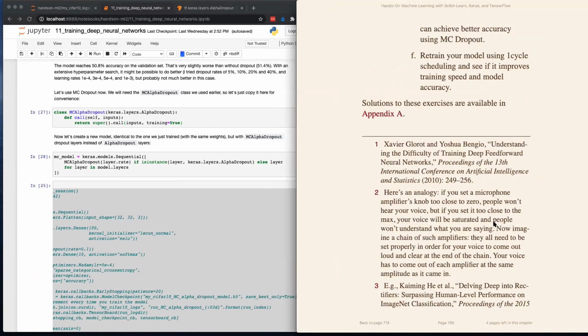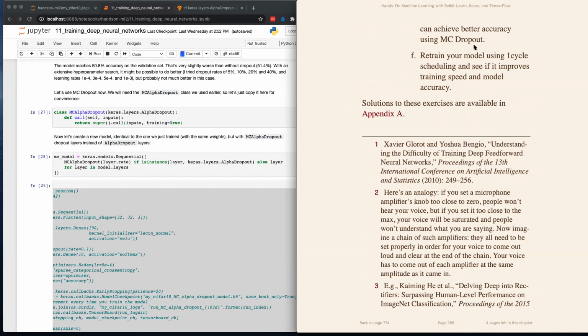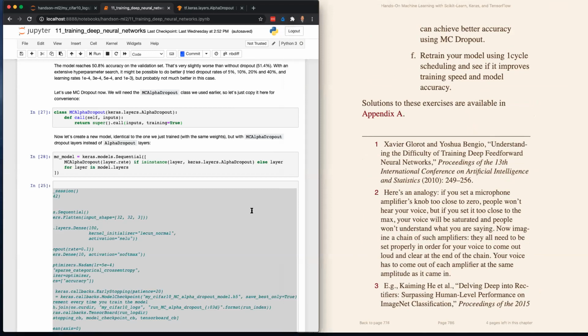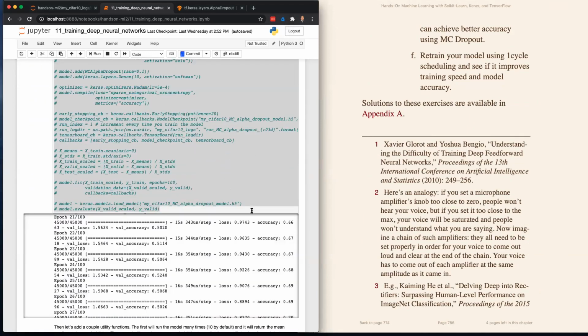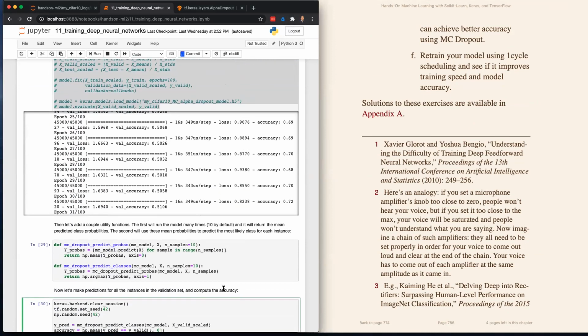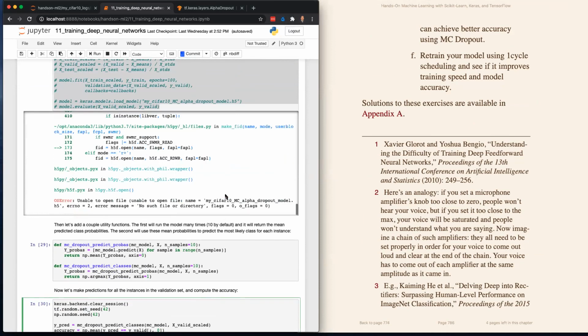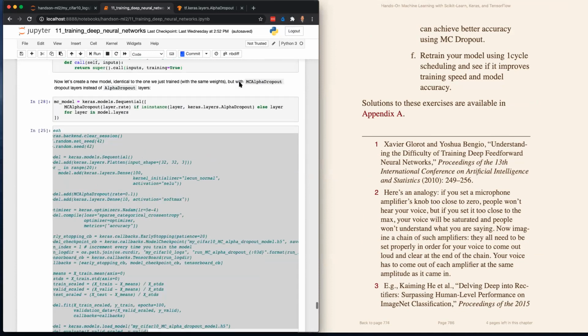So E is kind of in two parts. One is alpha dropout, and to get the output, just use the same output for the MC dropout. So that's very interesting to know, Gautam, that you can train on one dropout and then you can utilize a couple of them to see if you have any difference. Because MC dropout is the only kind of dropout that you have in inference, right?